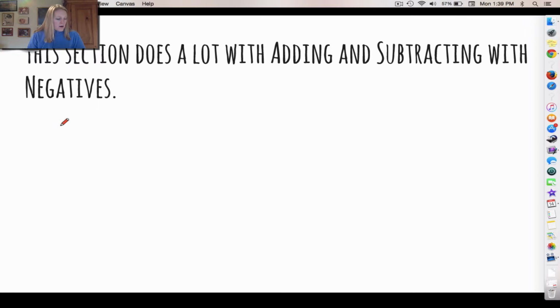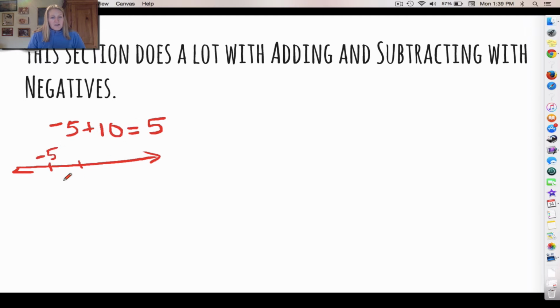If you think about it, negative 5 plus 10 is equal to 5. And how do we know that? If you're on a number line, you're at, let's say, negative 5 here. You're adding 10 whole numbers, so that means you're adding 10 all the way here to get you to the 5 here. But that's how we do that, okay?